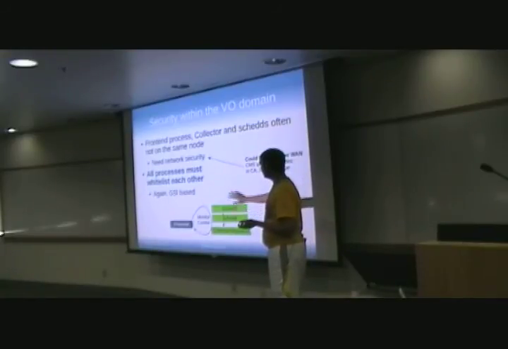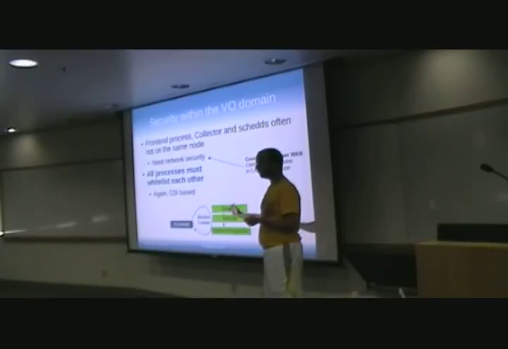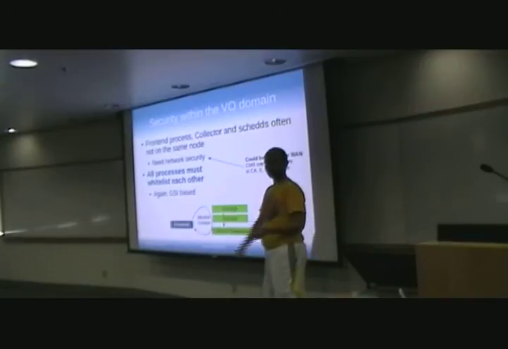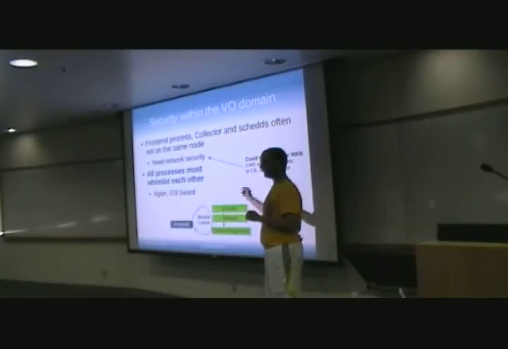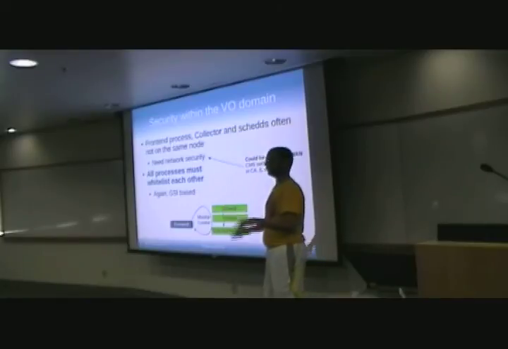And the way glideinWMS by default works is that it expects you to use GSI security for everything. You can tweak it in such a way that, say, I'm running on a very trusted LAN that only I have access to, so I don't want to go through all the GSI overhead. You still need it to talk with the glideins, but internally I don't care. You can do that, it just doesn't come out of the box.